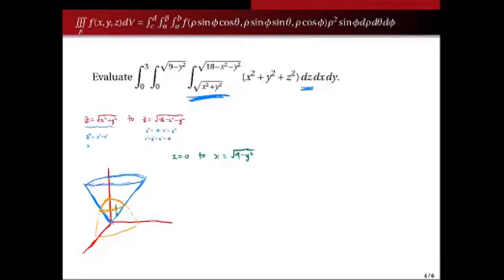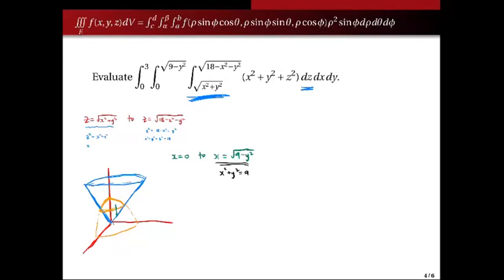And clearly this guy here is just a circle of radius 3, so x squared plus y squared equals 9. So your x will run from x equals 0 until x equals 3.